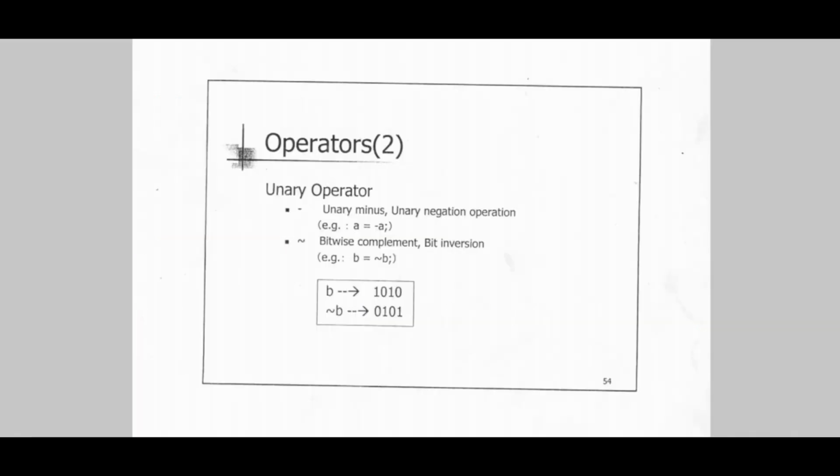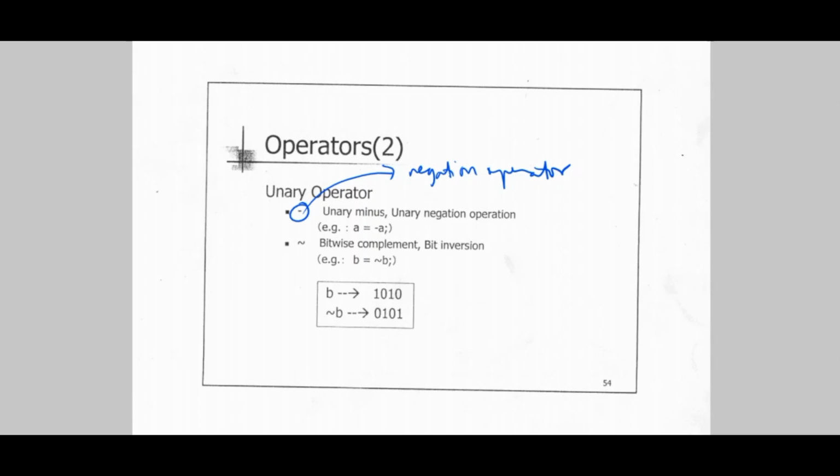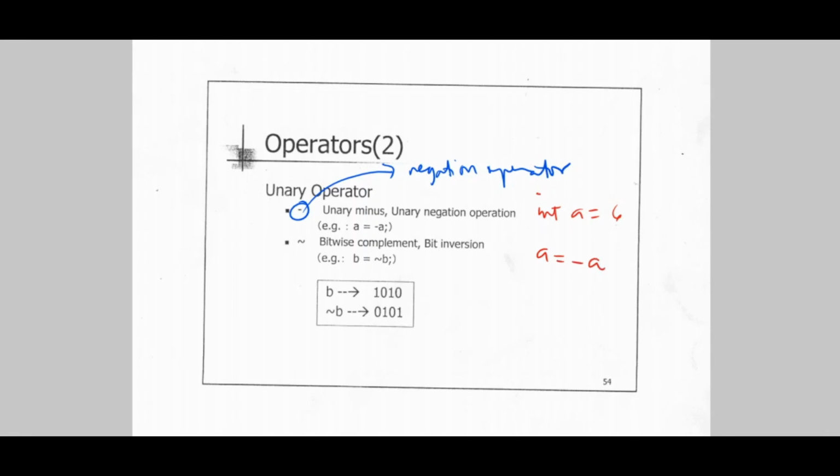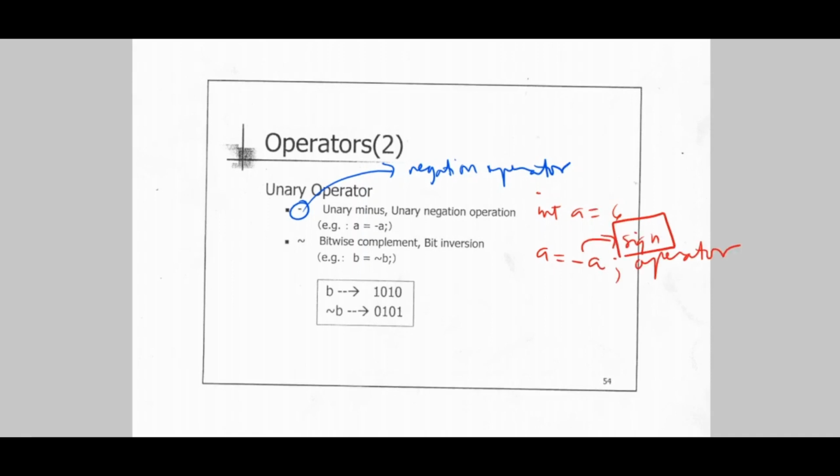Another unary operator we have here is the unary minus or the negation operator. So say for example, if we have A is equal to 6, when we say A gets negative A, we call this the sign operator or the negation operator.